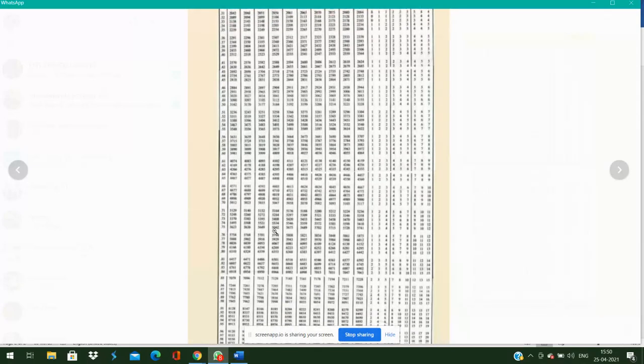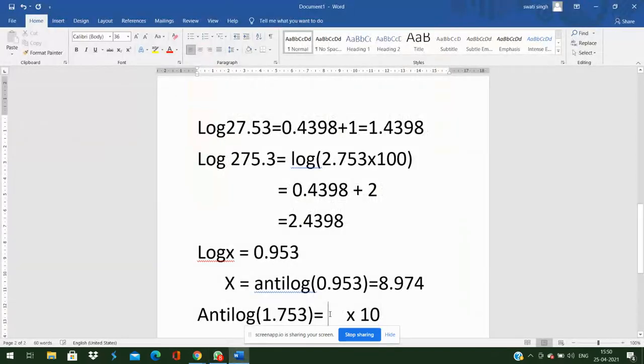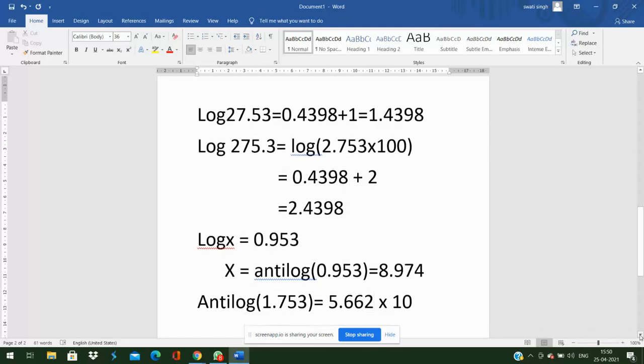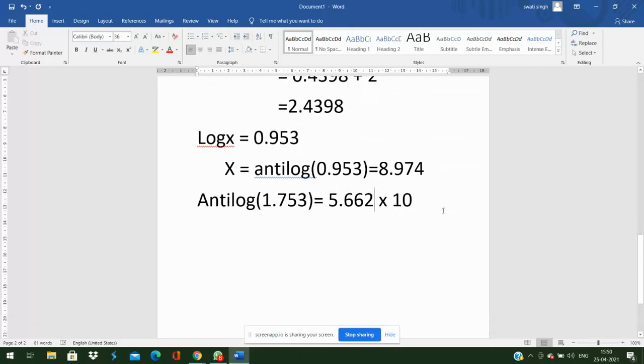So this is 5662, that is 5.662. Now we can find its answer very easily. It is 56.62. Anyone can find its answer. Just multiply it by 10.